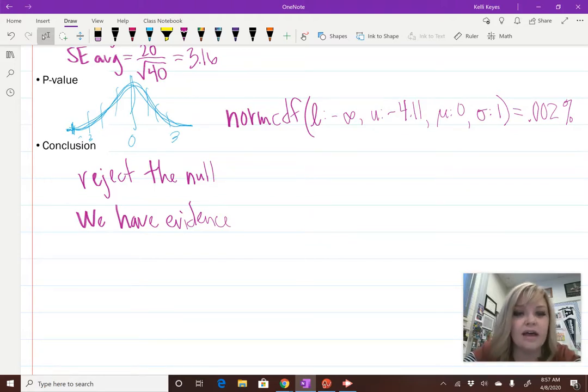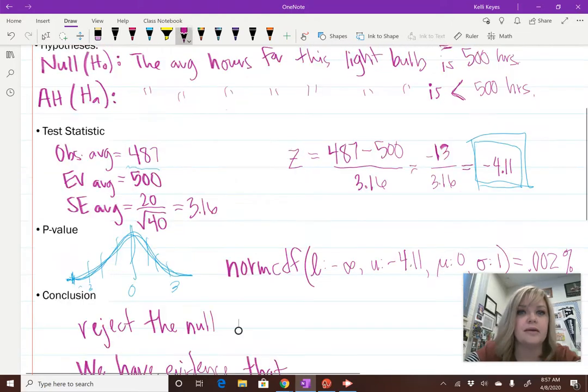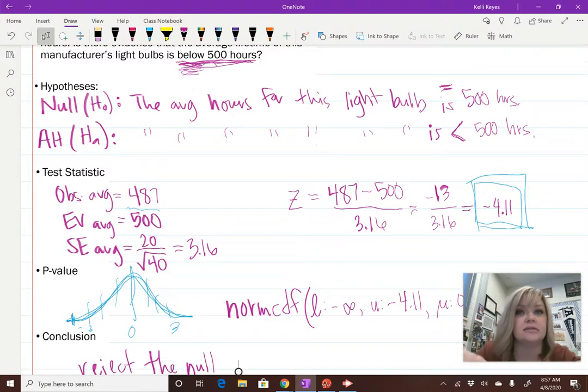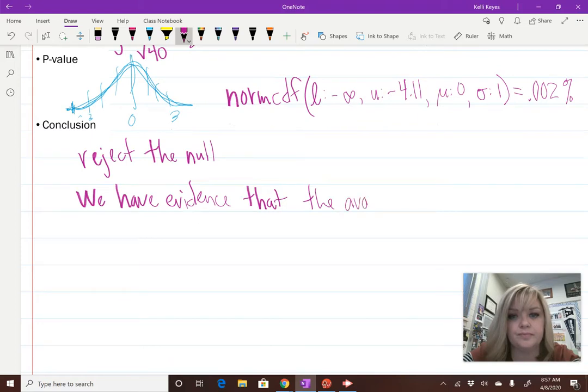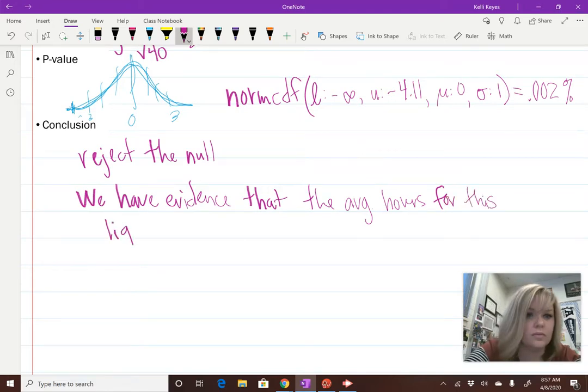If I reject the null, then we have evidence for the alternative, so I can just restate the alternative: we have evidence that the average hours for this light bulb is less than 500 hours.